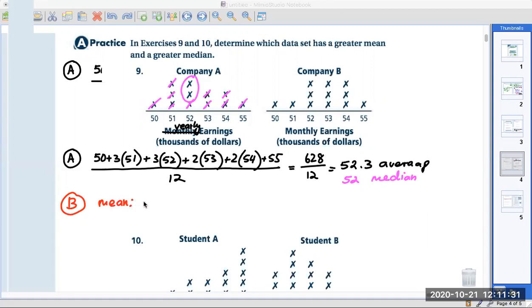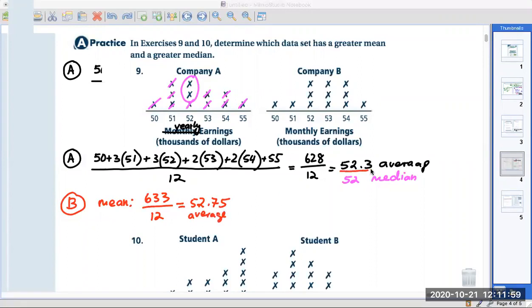The average is when you add all these numbers, just like I did here. So then I get 633 divided by 12 is 52.75. That's your average.